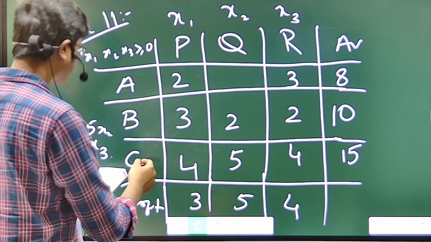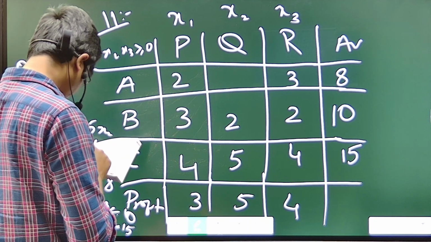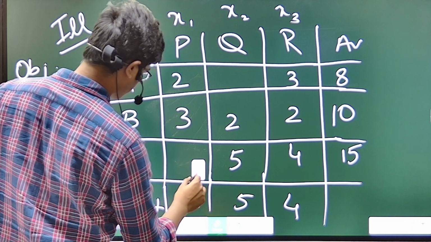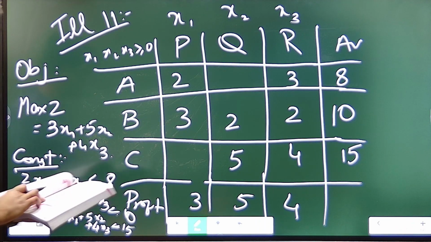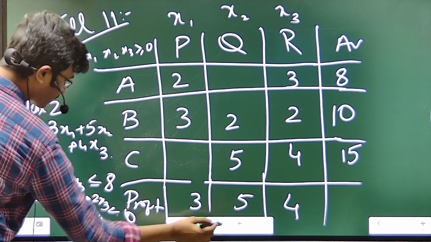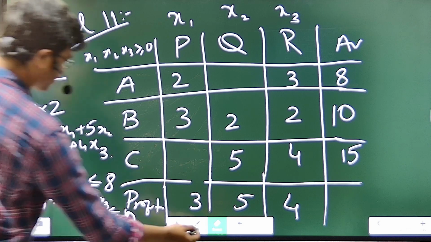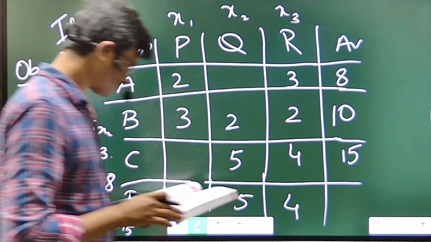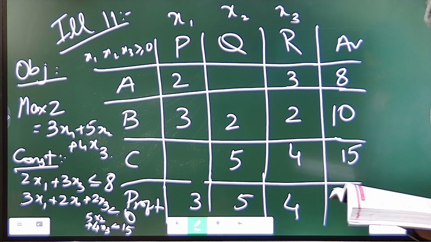For P, P requires 2 units of A and 3 units of B, so there is no 4 here. We have made a mistake. So this is the last equation. This is the first part: formulate the problem mathematically. And now the second part, write the dual problem.